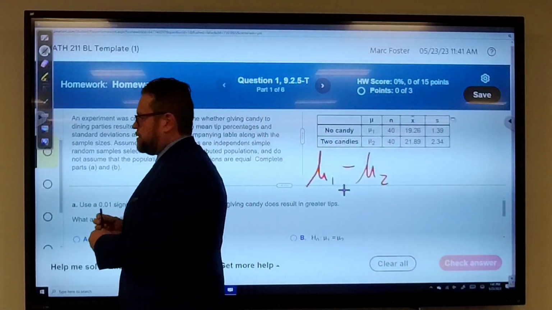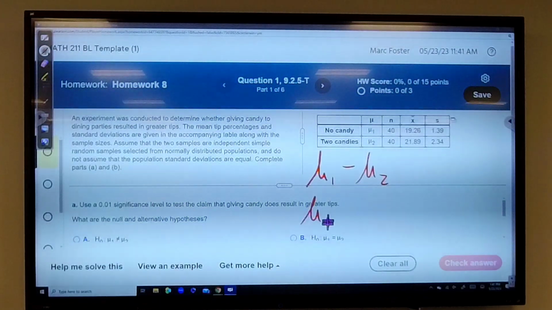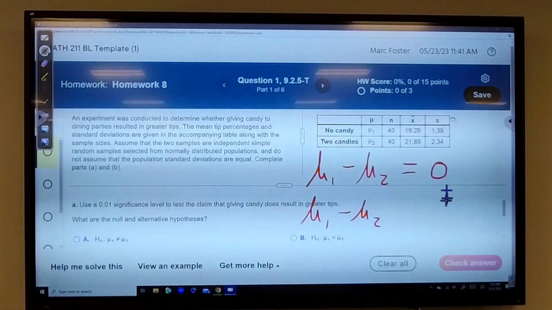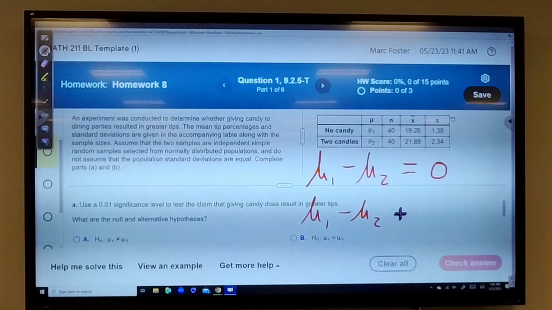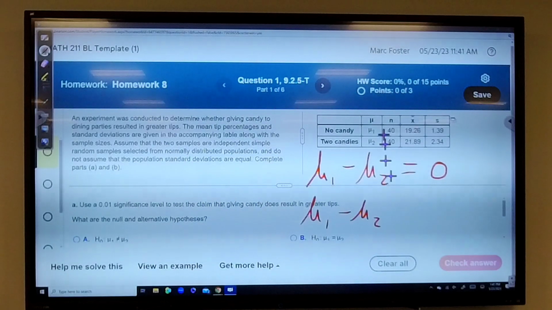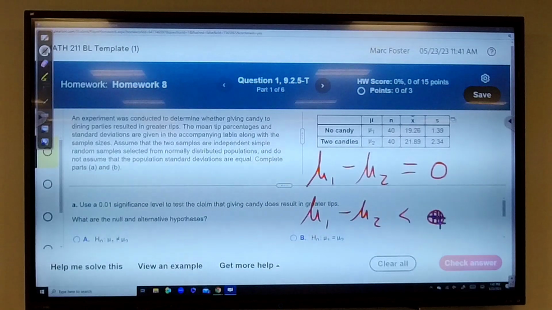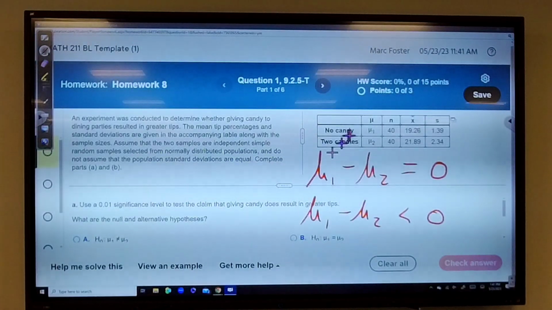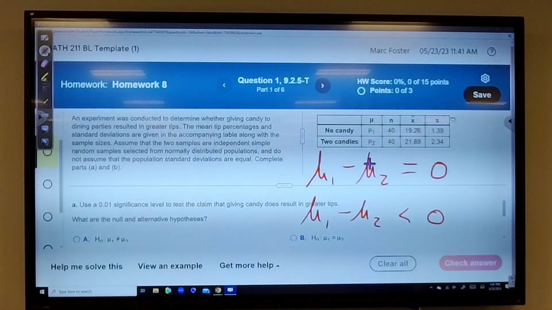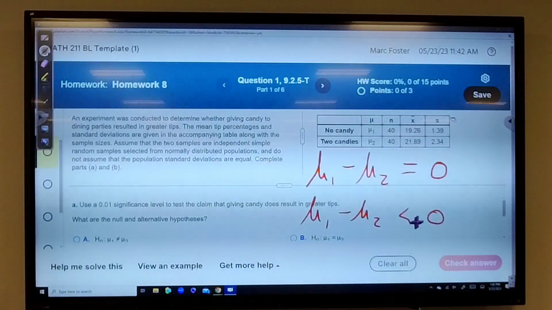So if it's going to result in greater tips, then you would have, for your initial hypothesis, that there would be no change, that it would be the same. If giving candy resulted in a greater tip, then you would have mu2 be bigger than mu1. Mu1 minus mu2 would be less than 0.